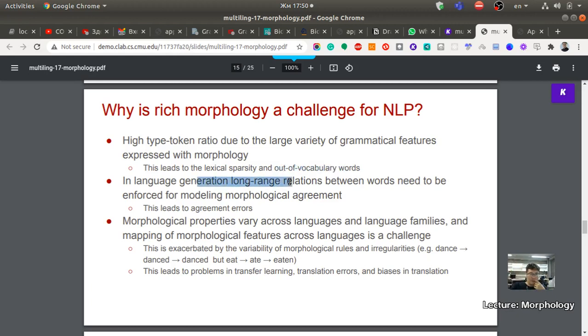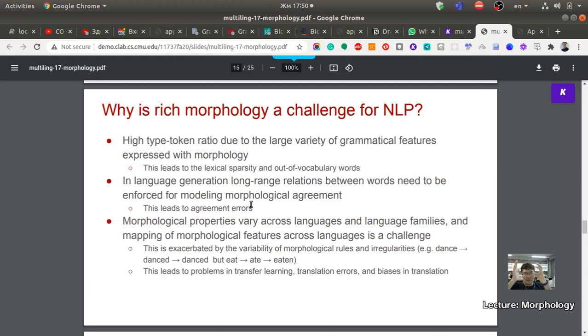In language generation, long-range relations between words need to be enforced for maintaining morphological agreement. This leads to agreement errors. For example, if you try to translate Russian or English text to Kazakh text, in English you have 10 words, in Kazakh you have 2-3 words.